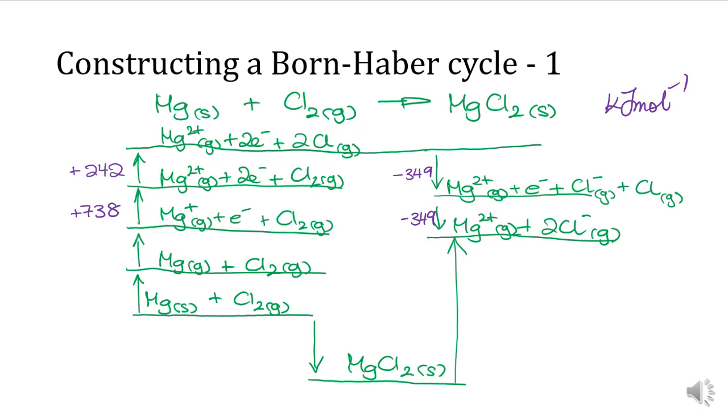Okay, so I will go through this again later on, but in the data book we are told that the lattice enthalpy for magnesium chloride is +2540. So we just need to find the second ionization energy. Sorry, this should be plus.